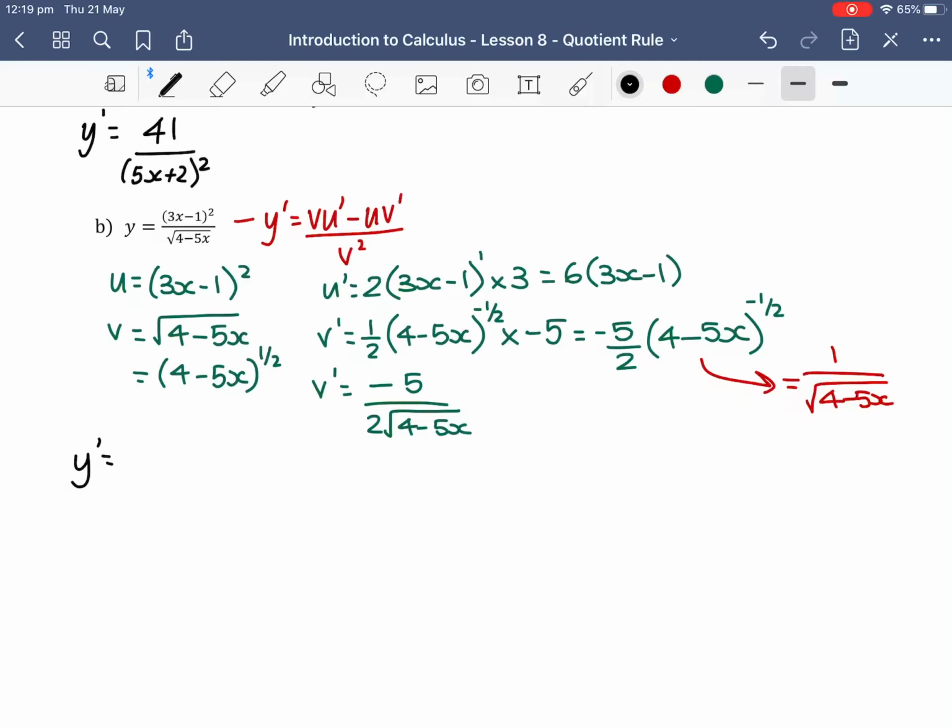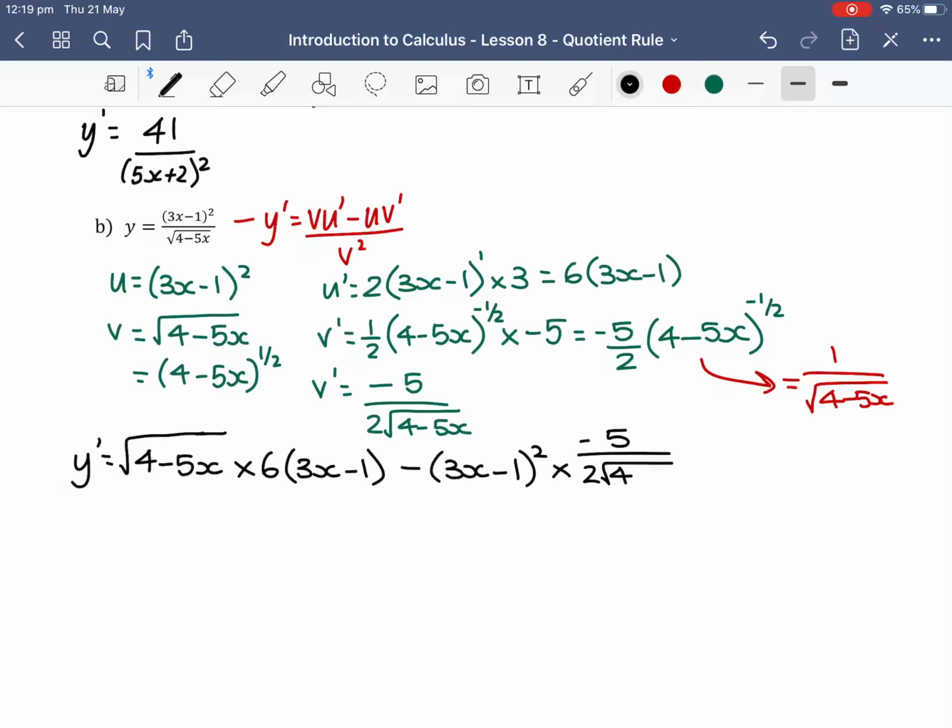So we'll have y dash equals our v, which is going to be our square root, we're going to leave it as square root 4 minus 5x, times our u dash, which is 6 bracket 3x minus 1, minus our u, which is 3x minus 1 all squared, times our v dash, which is minus 5 over 2 root 4 minus 5x.